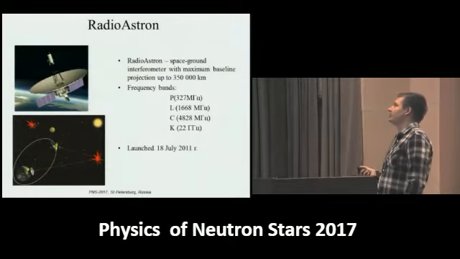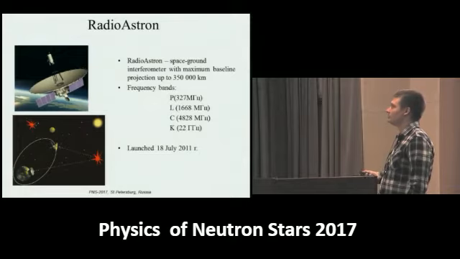RadioAstron is a space-ground interferometer with maximum baseline projection up to 350,000 kilometers. RadioAstron works with 4 frequency bands. For pulsar observations, we use only the first 2 bands.